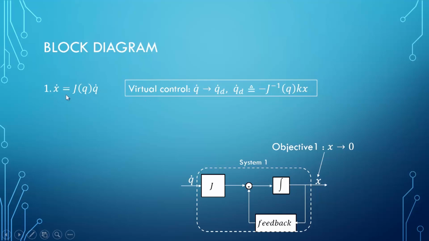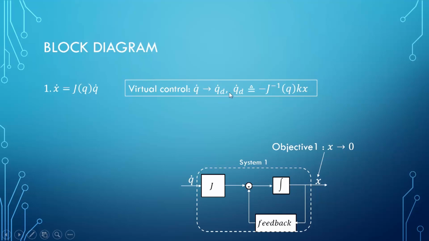And just by observation from the dynamic system, we can design the virtual control as this. Any question? Just a feedback because it's a regulation problem, right?